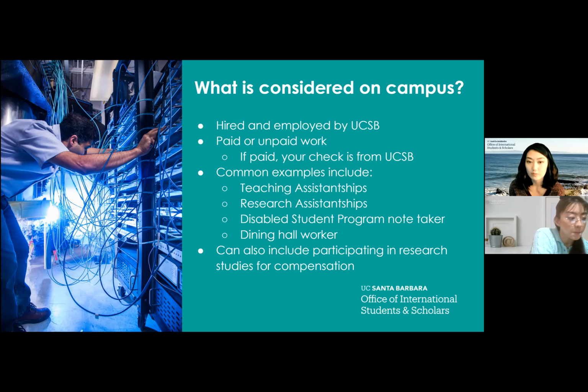However, it can also be unpaid, in which case, of course, you would not have a paycheck. Common examples of on-campus employment include teaching assistantships, research assistantships or RAs, disabled students program, note-taking, or dining hall workers.